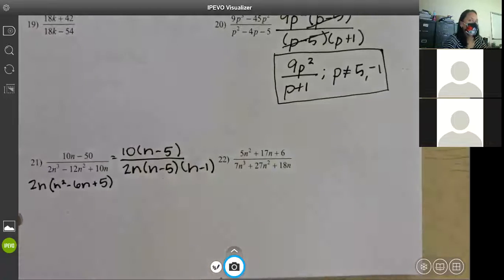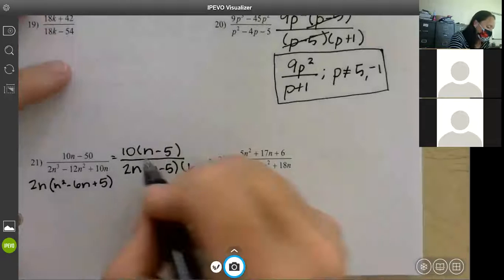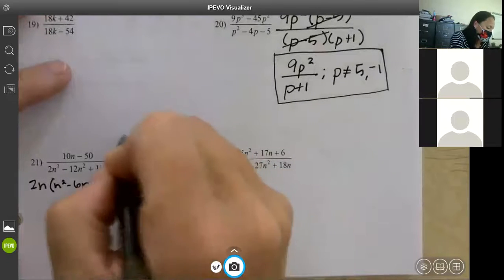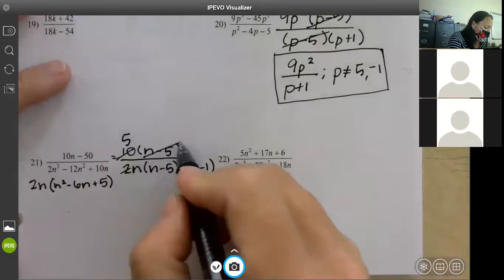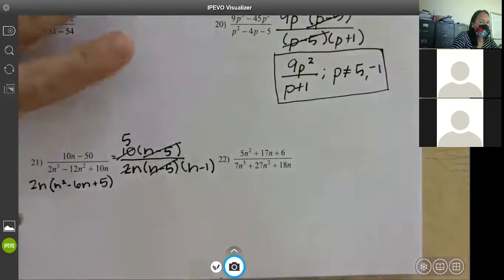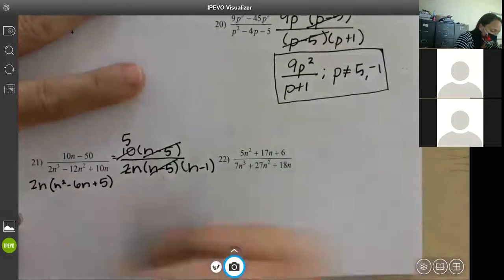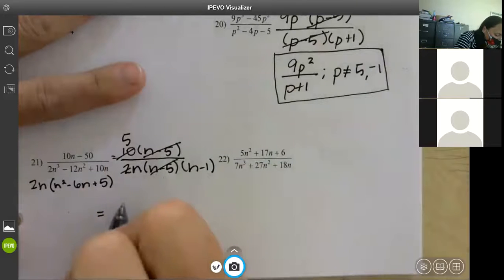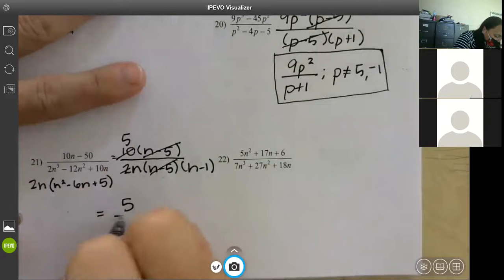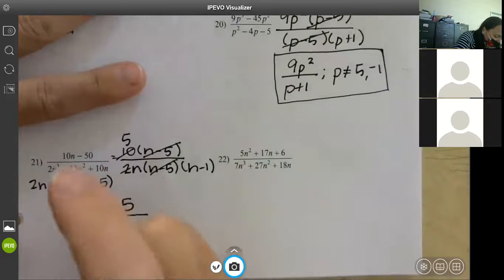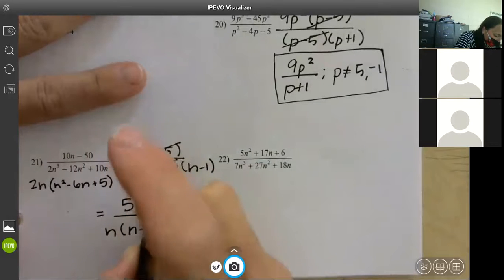Okay. So it just gets a little bit bigger. Your 10 and 2 will reduce to 5. Your n minus 5 will cancel out. That causes a what? A hole. So the only thing I have left on top is 5. On the bottom, I have n and n minus 1.